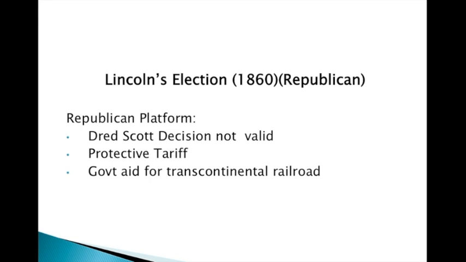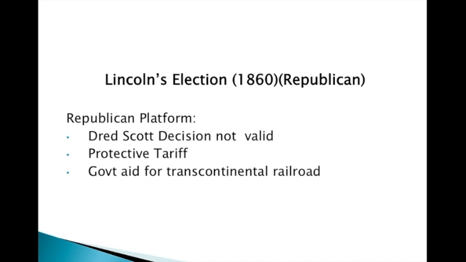But the straw that really broke the camel's back and that led the Southern states to secede from the Union was the presidential election of Abraham Lincoln in 1860. The Republican platform was that the Dred Scott decision was not valid.